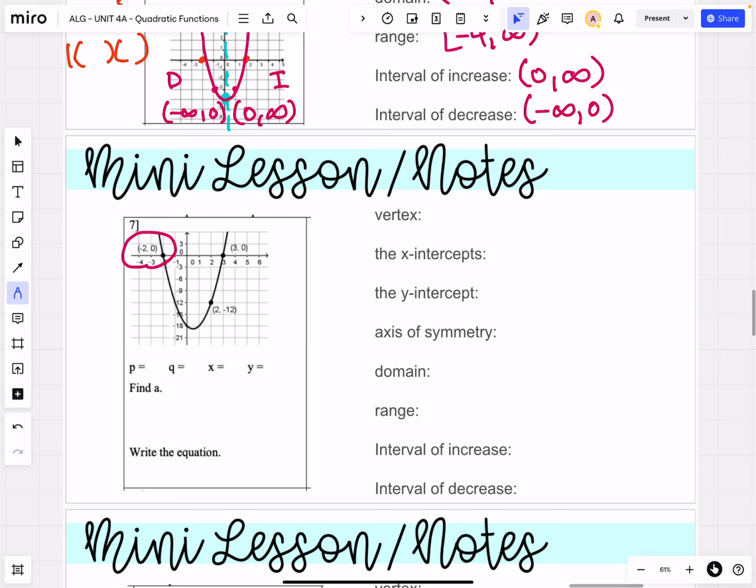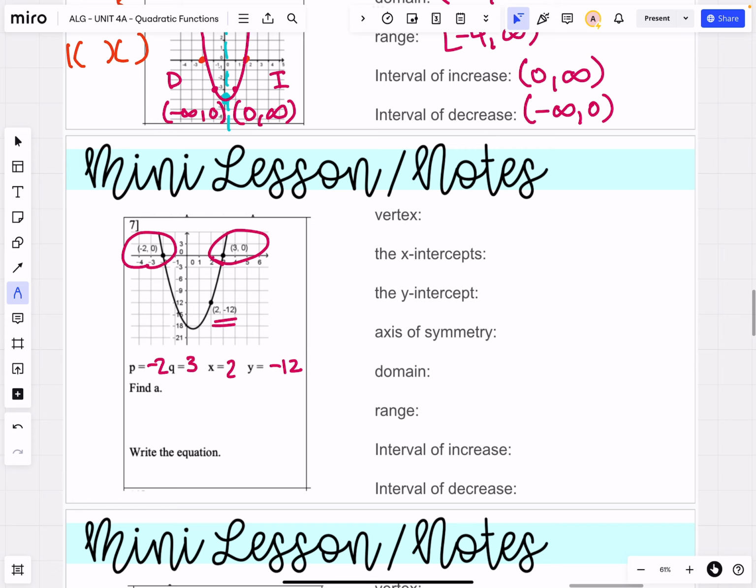You see we have one intercept here at negative 2. The other intercept here is at 3. So our p value and our q value are negative 2 and 3. And then we need one more point on the graph. And that's going to be this xy coordinate. It could be any coordinate on the graph besides the intercepts. We're going to put our x value of 2 and our y value of negative 12.